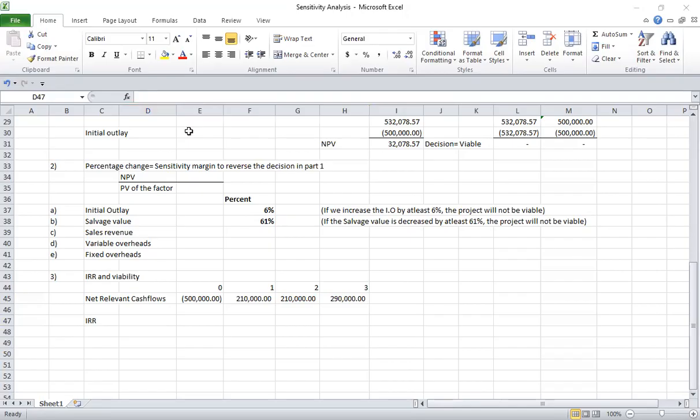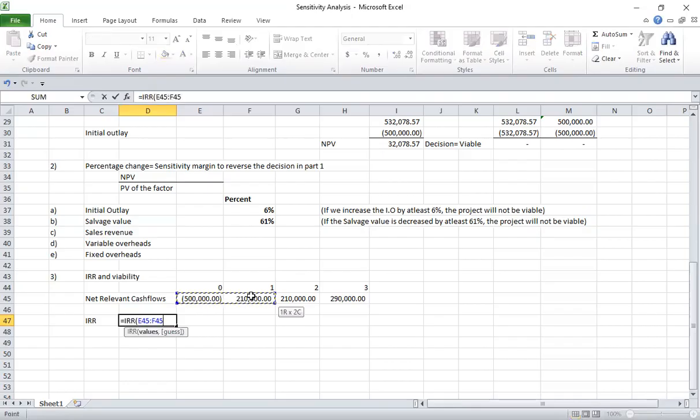Ian, how much percentage do you get? Also 19%, yeah? All right, so that should be very simple to compute: equals IRR, open bracket, these cash flows, close the bracket, so about 19%.